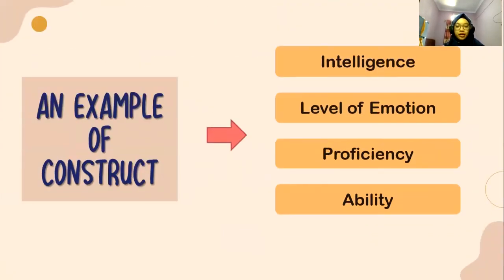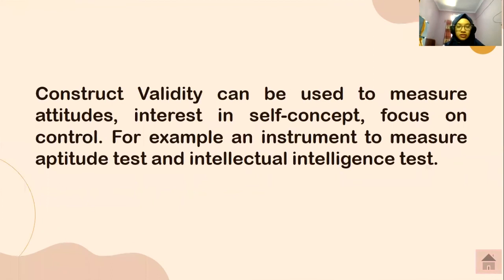Examples of constructs are intelligence, level of emotions, proficiency, and ability. These concepts are abstract and theoretical but have been observed in practice. Construct validity can be used to measure attitudes, interest, self-concept, focus, and control, for example, to measure aptitude tests and intellectual intelligence tests.